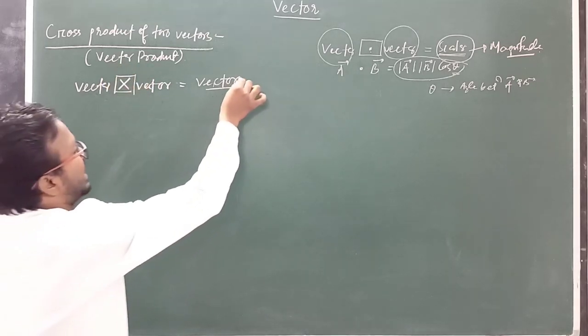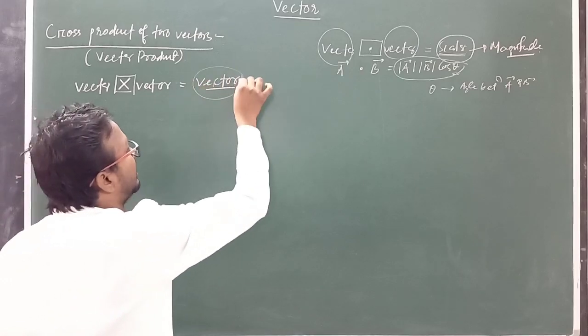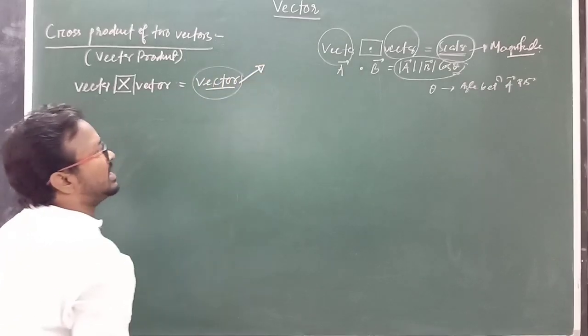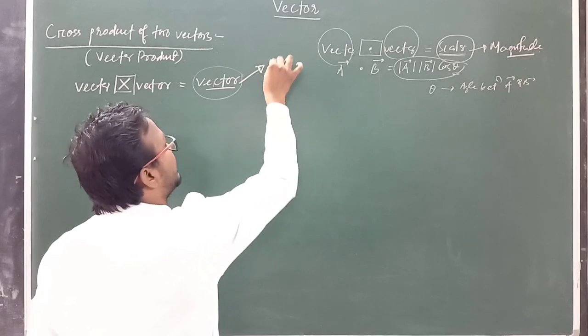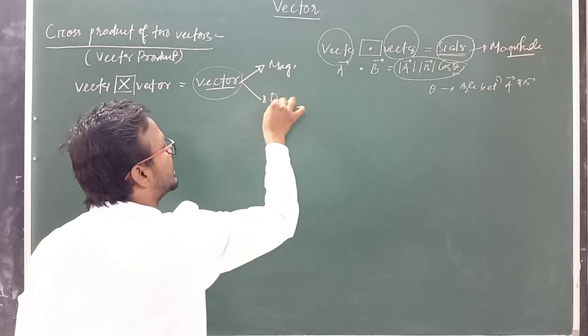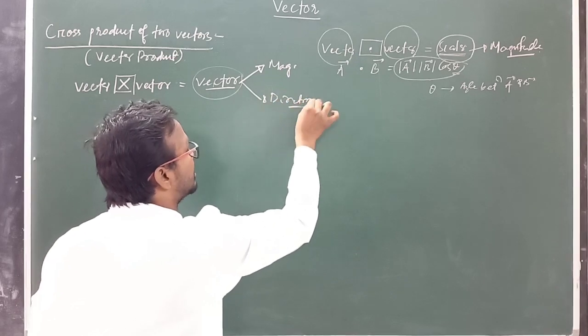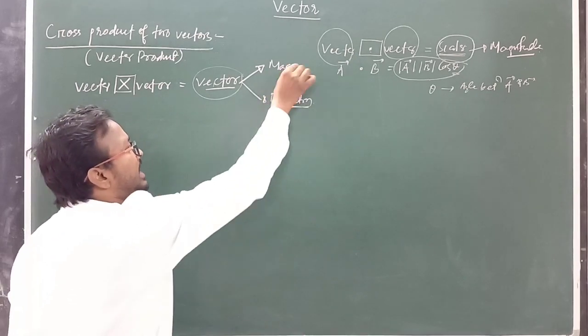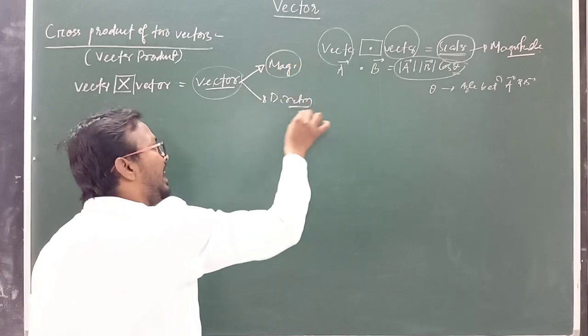So we get another vector quantity, and this physical quantity possesses both magnitude and direction, clear. So we have to find first its magnitude and its direction.